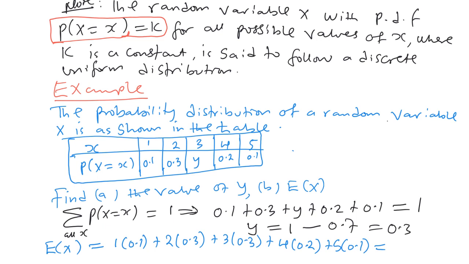We get the products and sum them, and that will be the expectation. Ladies and gentlemen, the expectation is 2.9 and the value of y is 0.3. We are done. One more example maybe, or you can work out the other examples. It is really very simple.